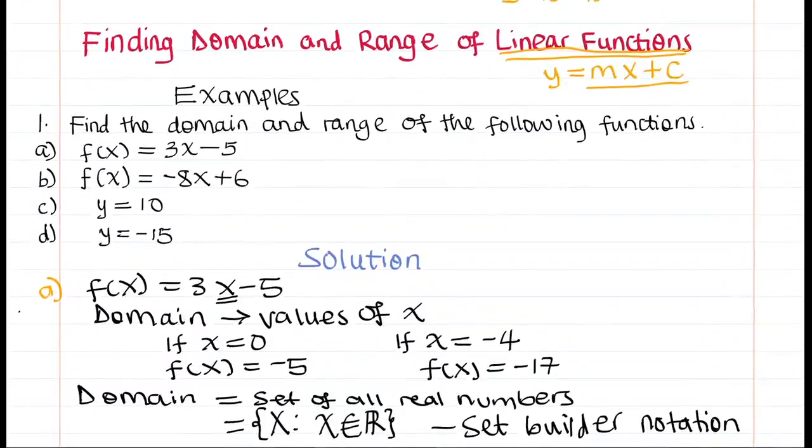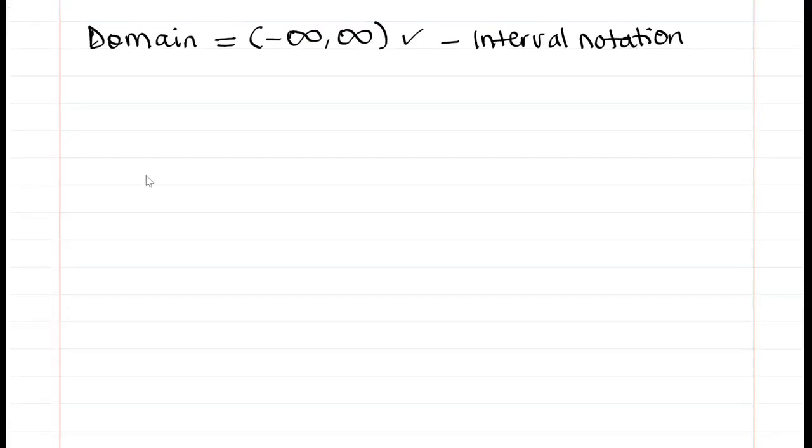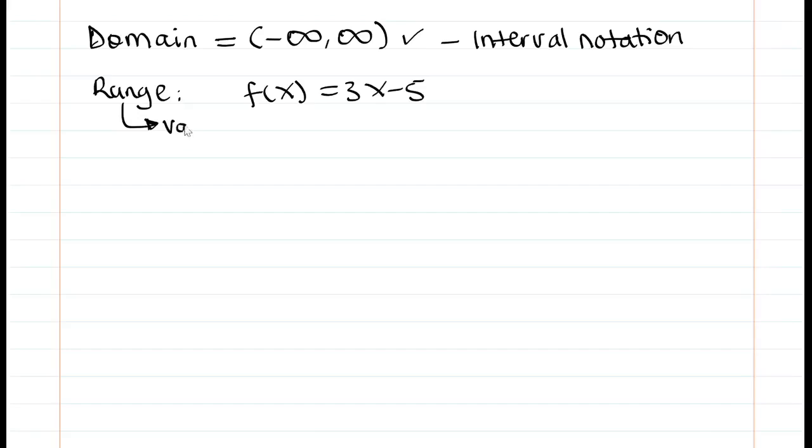What about the range of the same function, 3x minus 5? Now let's go to the range. Our function is f of x equals 3x minus 5. Remember, range is a set of the values of y.